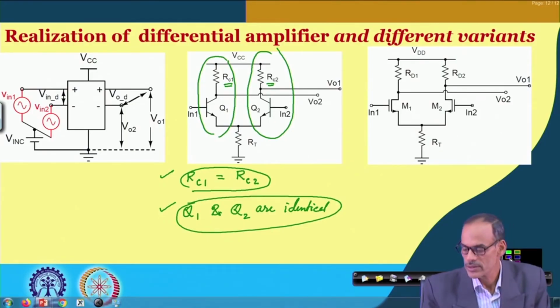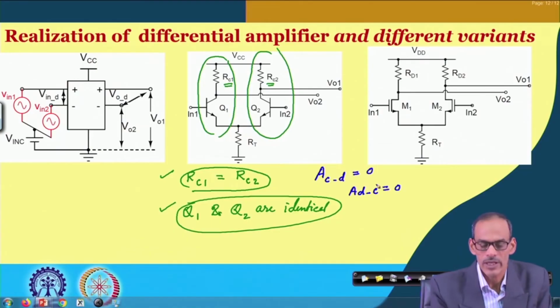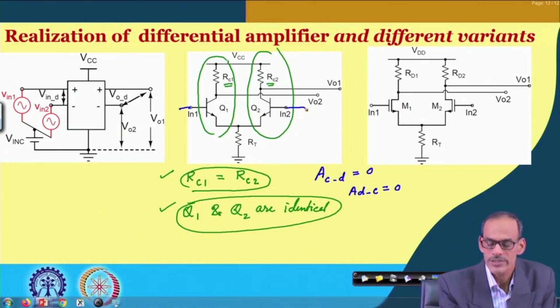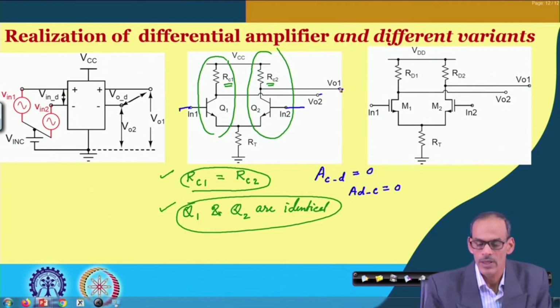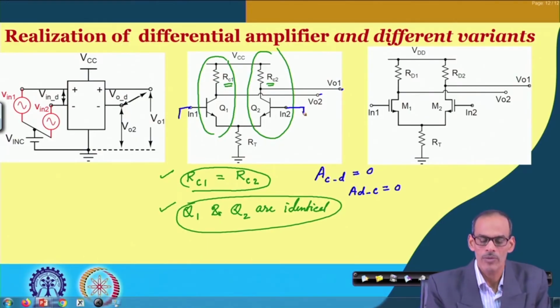So, once we have these two halves identical, not only in schematic but in their actual values, only then can we say that the other parameters we have ignored, namely A C D equals 0 and A D C equals 0, hold. That means whenever we apply a differential signal at the input, the corresponding output is perfectly differential, and whenever we apply a perfectly common mode input signal, which means the differential component is 0, then the signals at terminal 1 and terminal 2 are identical, and hence the differential output is 0.